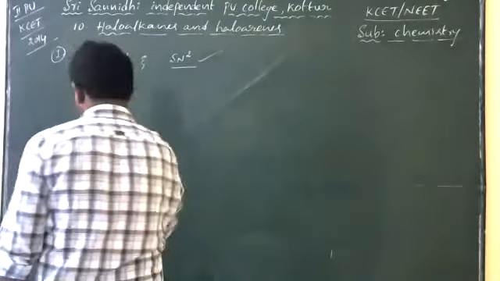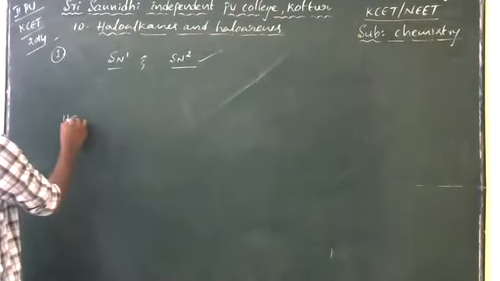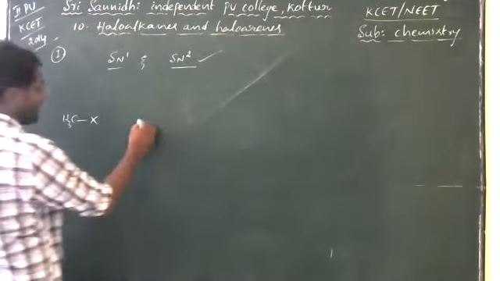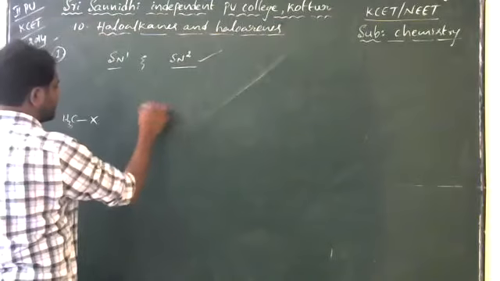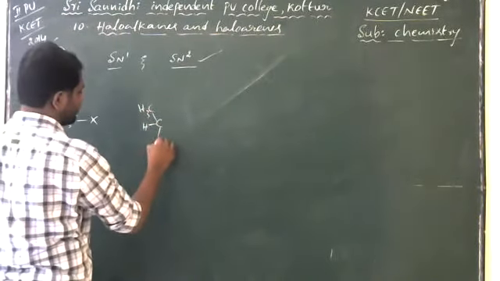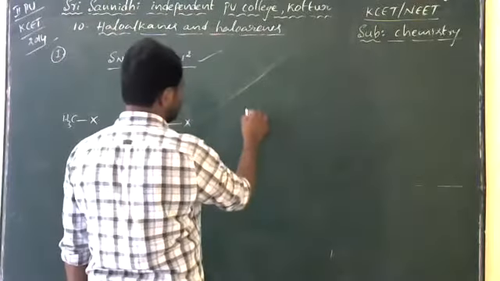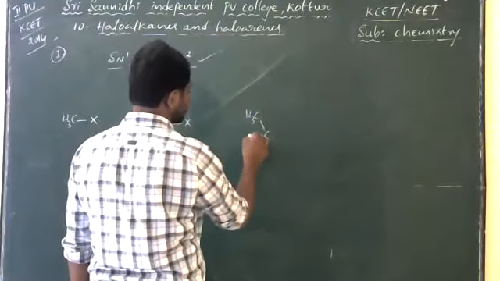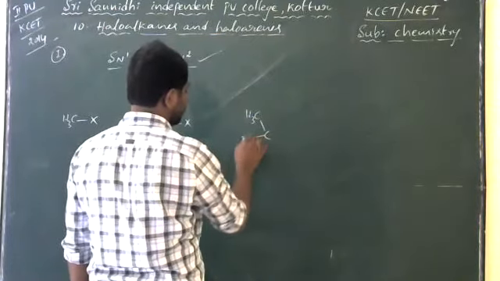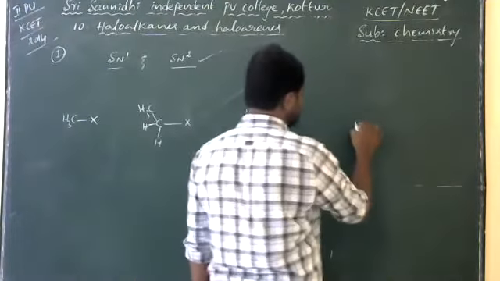Towards the SN2 mechanism, take the example of methyl halide, then a primary halide, then a secondary halide, and next the tertiary halide.